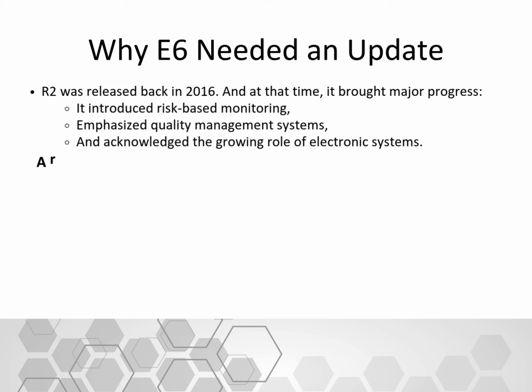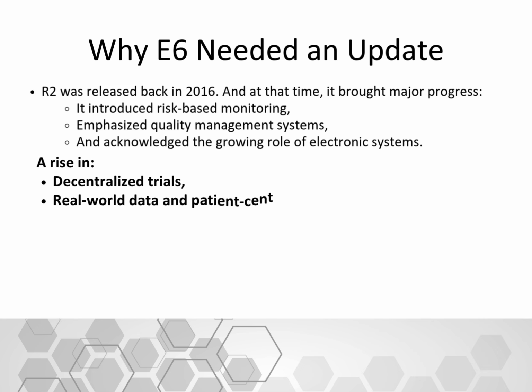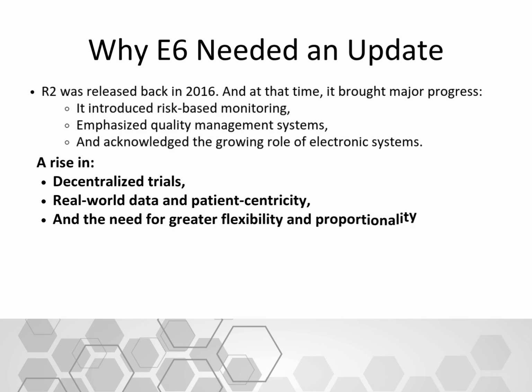We've seen a rise in decentralized trials, real-world data, and patient centricity, and the need for greater flexibility and proportionality in trial oversight. R2 was starting to feel rigid, especially when applied across diverse settings, from large pharma to small biotech, from academic trials to global multi-site studies.